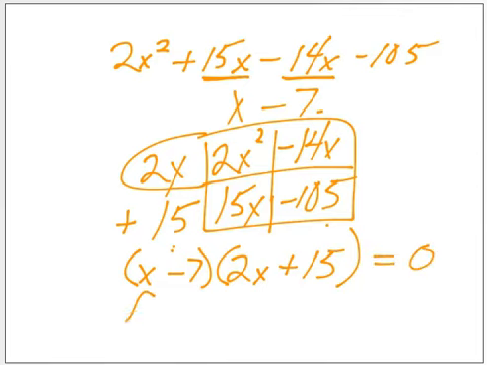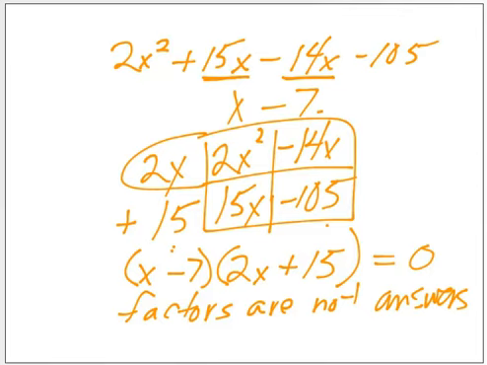Now factors are not answers, are they? We need to decide what our actual answers are, and one of those answers is 7, because 7 minus 7 gives you 0, which is what we're looking for.